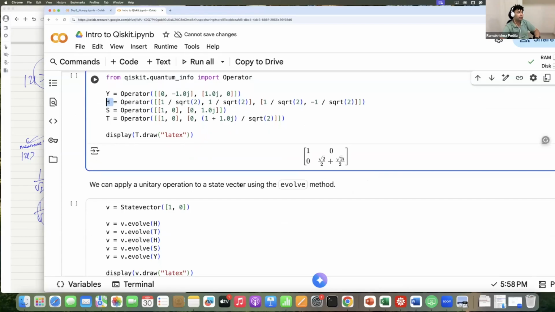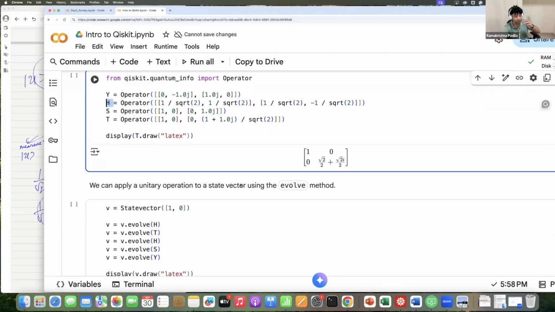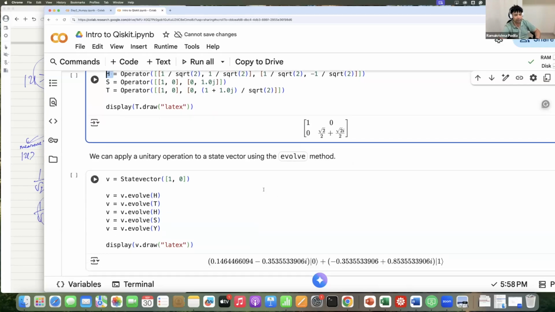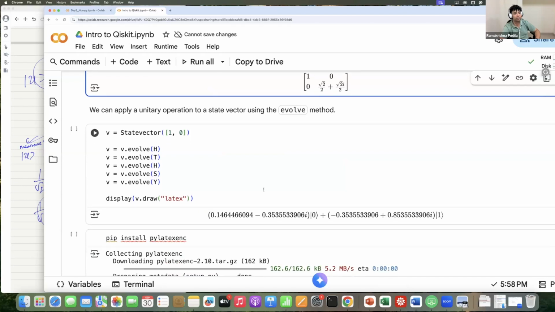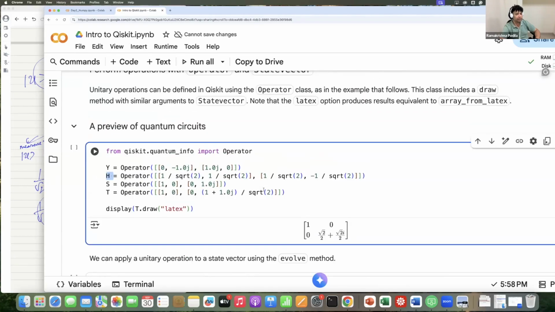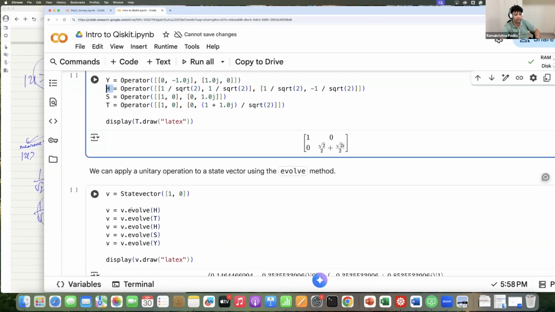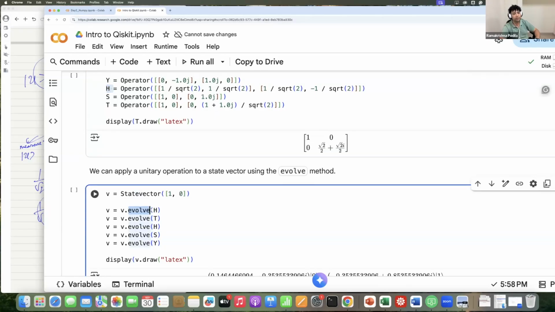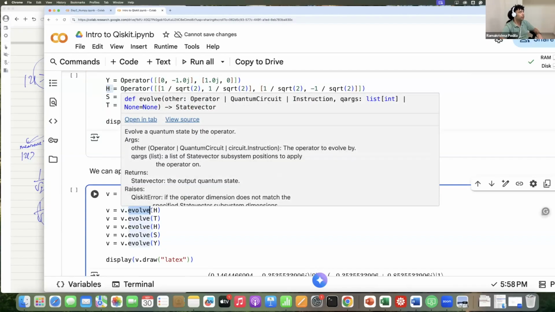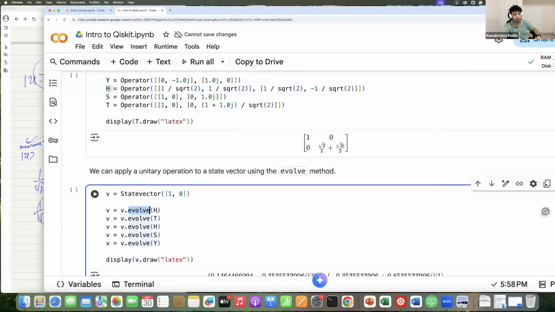So you can also do multiple measurements after you get one result. Let's say you take the qubit and you apply the Hadamard gate, and then you make the measurement again, right? Then you can distinguish between the plus and minus states. We will see that again in the future, right? So basically that is done using this command called evolve. When we say evolve, it is going to basically evolve with H.